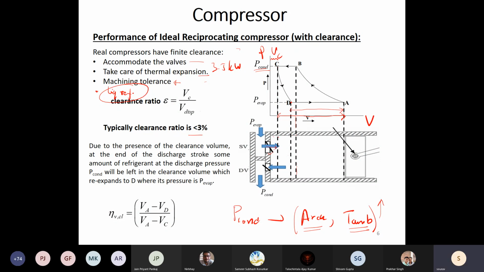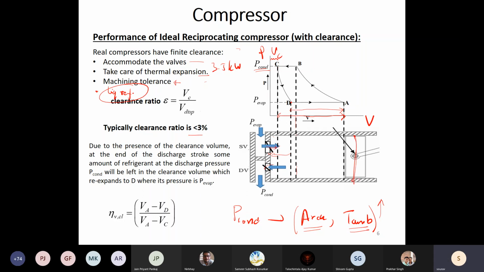If you go to a zero clearance, then you cannot accommodate even a small fraction of liquid, because when it goes towards the top dead center, you will not be able to compress the volume of liquid. The pressures will shoot up, and it will try to come out of the valves, be it the suction or the discharge valve, and it will also come out of the seals over here.